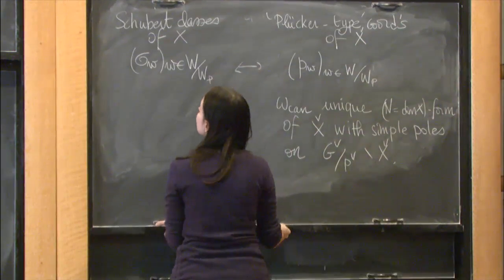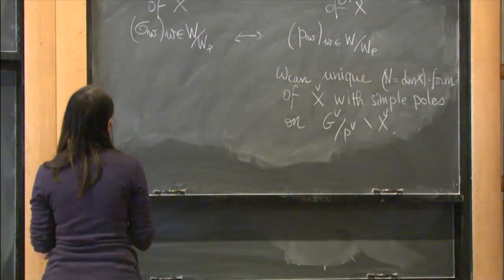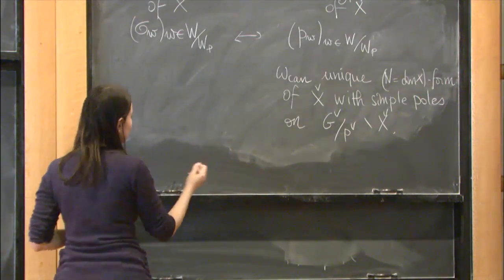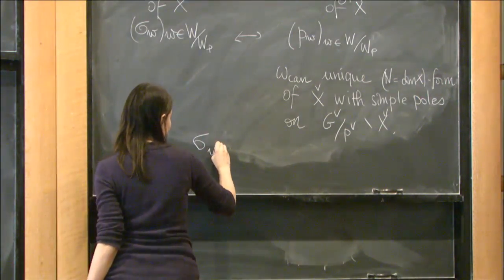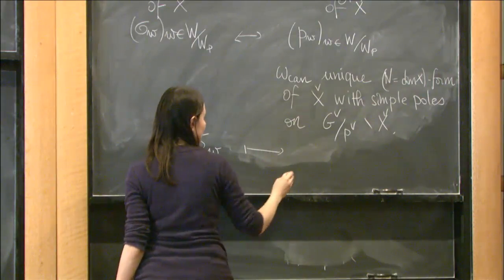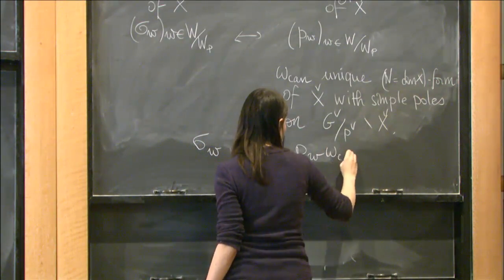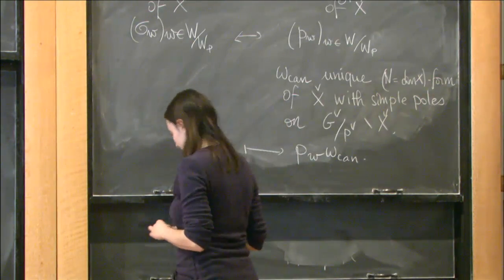And it's natural to expect that the map between the two bundles with connection will come from this.